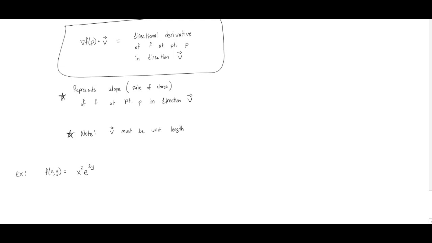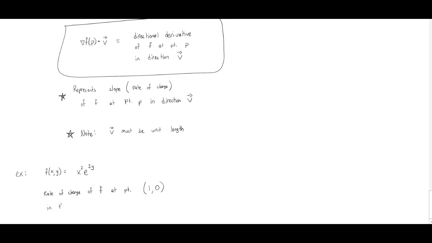And let's say I want to find the rate of change of this function f at the point 1, 0.